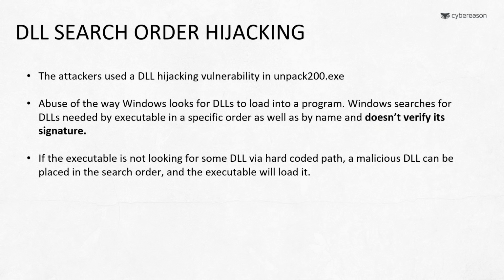And so the way that it works is that the executable would first look for it in its own folder. So if the unpack200.exe was in a certain folder, it would look for DLLs first of all in this folder. If it did not find it there, it would continue looking in a certain order in a list of operating system commonly used DLL folders. Now the weakness here is that the search is only done by name. There's no deeper verification of the DLL.